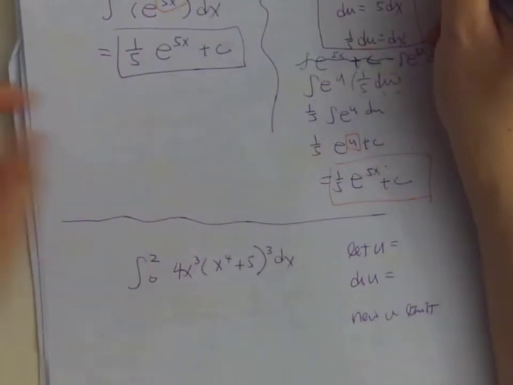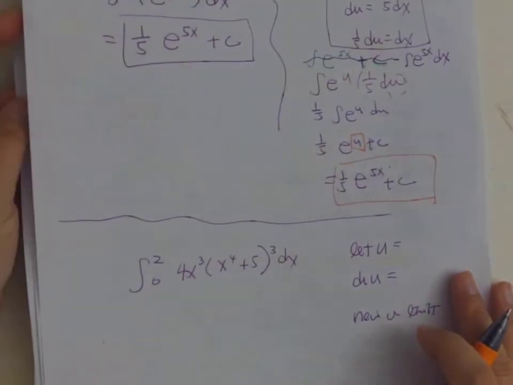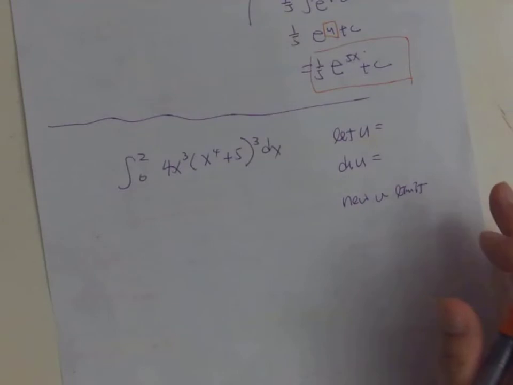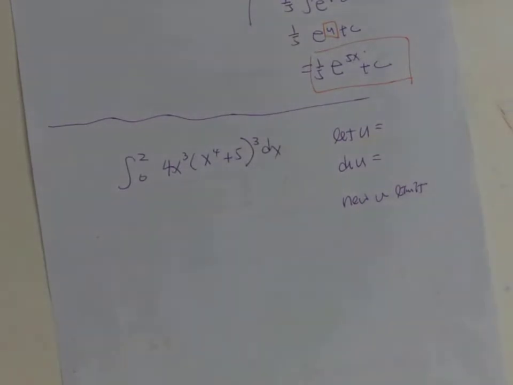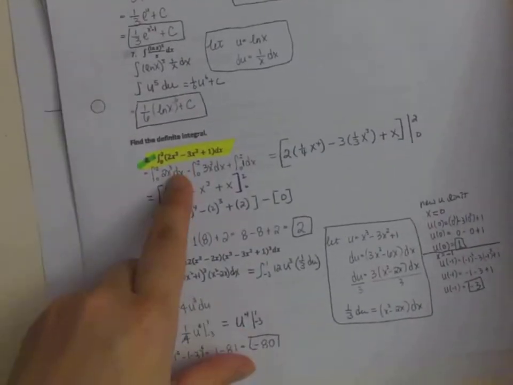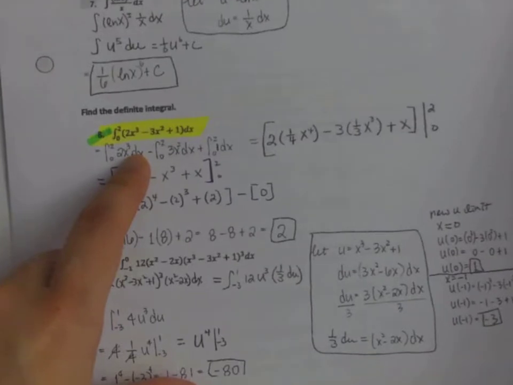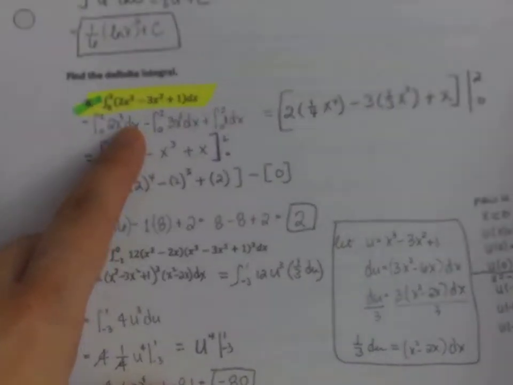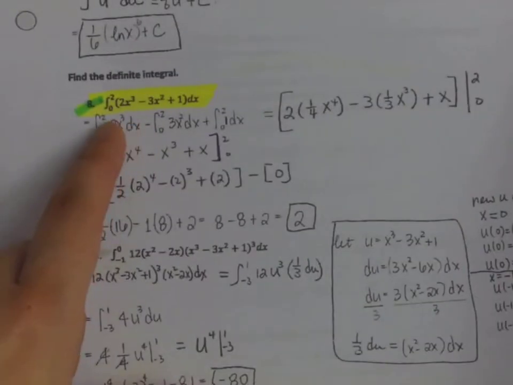Okay, let's do another example. If we're starting with a question that is a definite integral, like if you look at the exam review solution that I uploaded to D2L, something like that, this is a definite integral because it has the lower and upper limits, right?